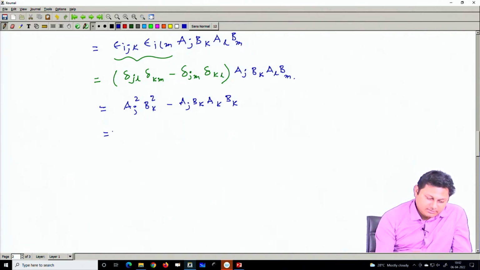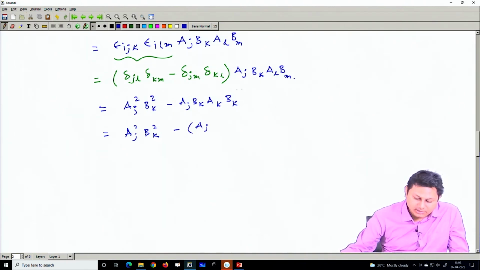So, this quantity is simply A j square B k square, but this one, if I write properly, it is okay. Here I am making a mistake. So, here I am having m.